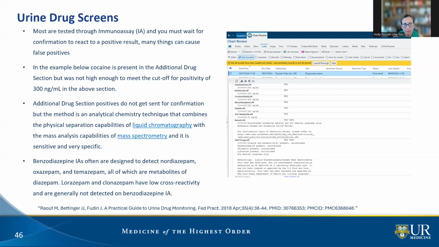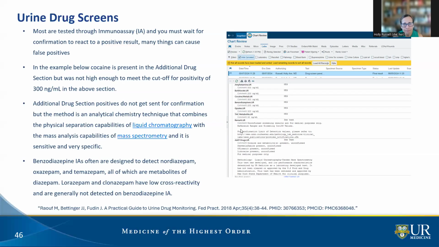In our labs, there is an additional drug section that I just like to point out to people because it has substances that are present that do not meet the cutoff for positivity in the immunoassay area.